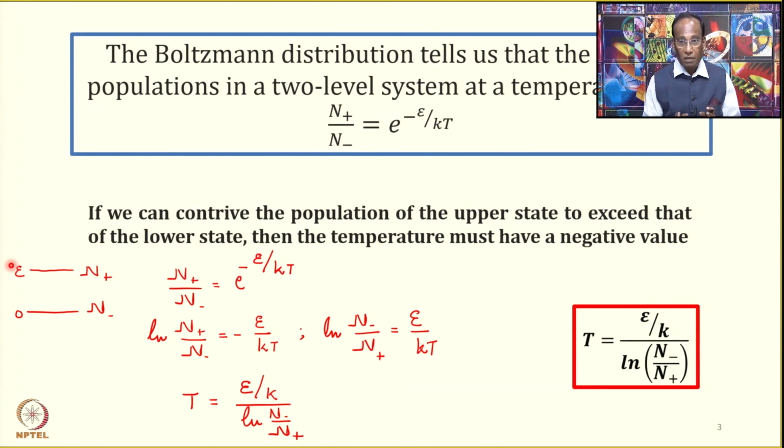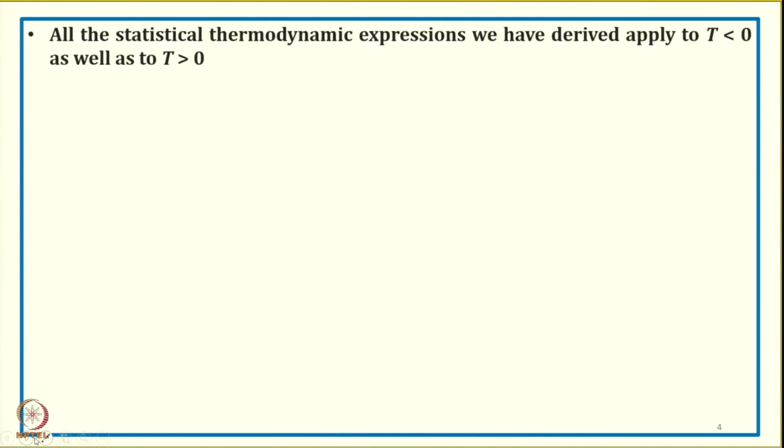What we are discussing here is that if the upper state has more population than the lower state in a two-level system, then the temperature has to be negative. Let us discuss further about this. All the statistical thermodynamic expressions that we have derived apply to T less than 0 as well as T greater than 0.